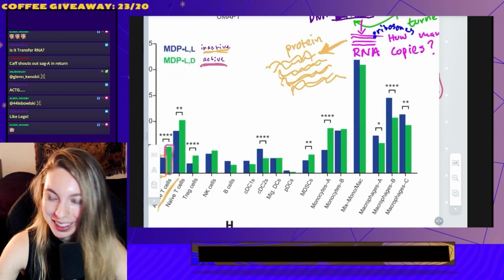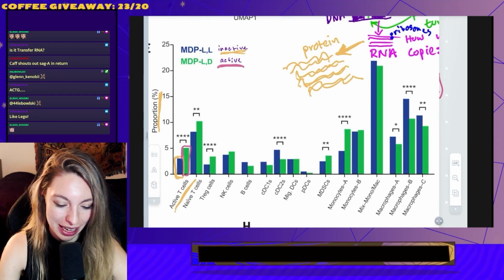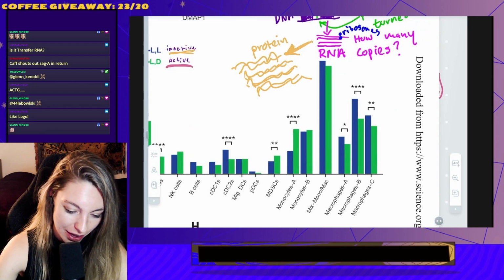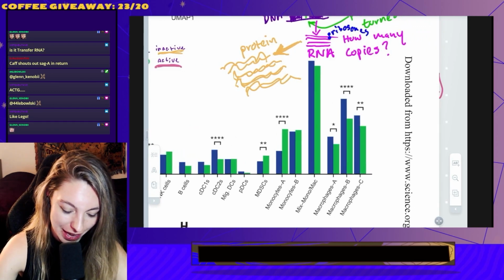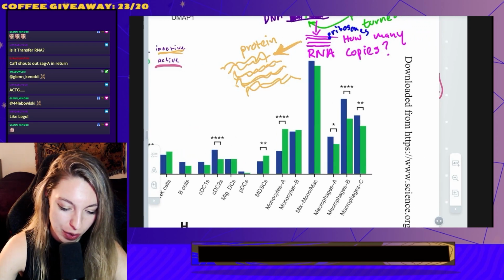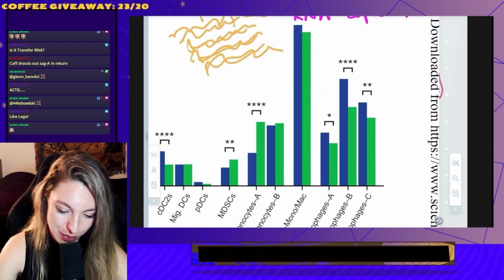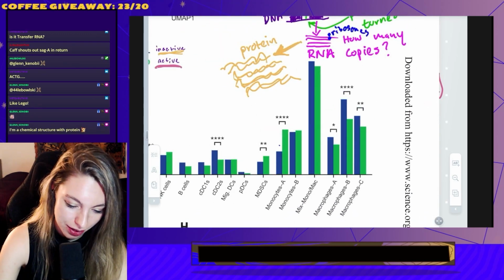Okay, so basically we're looking at RNA here, not protein, and in the green bars are the active peptides, and we can see that overall there's more of, like here we have monocytes, a type of monocyte.